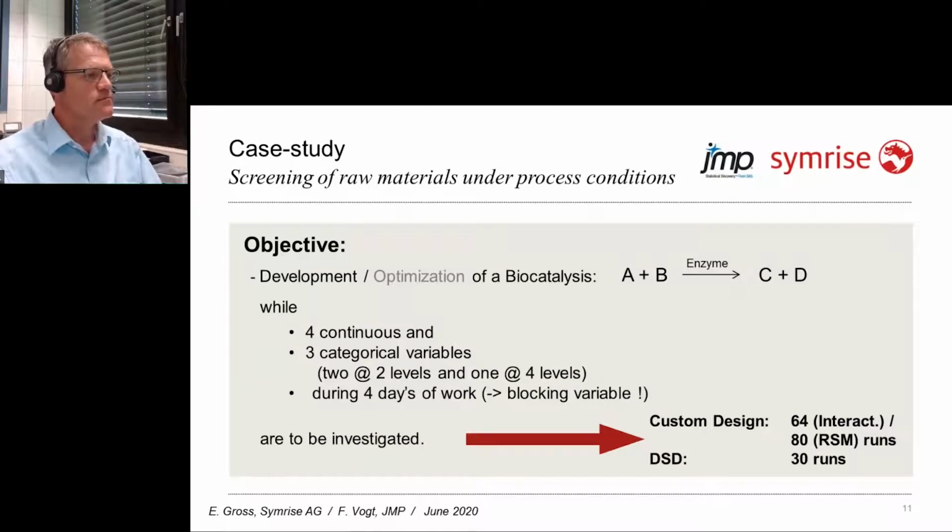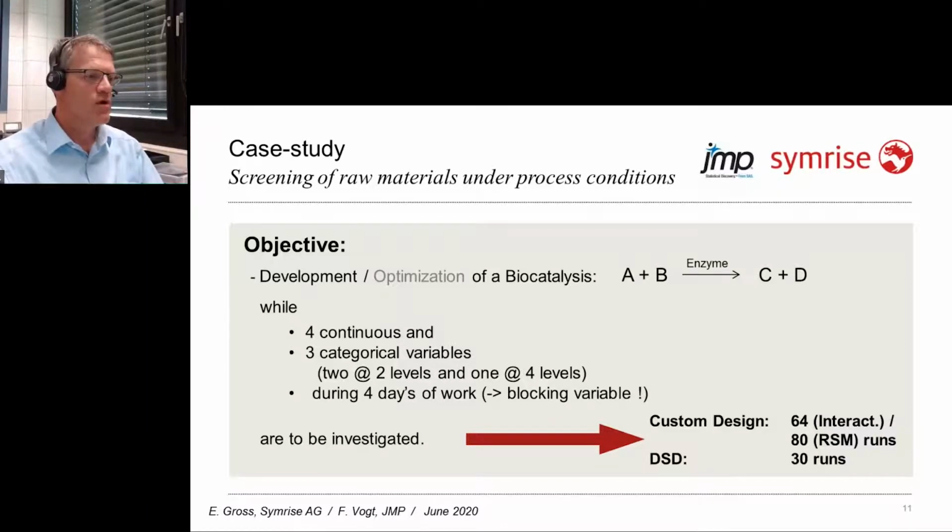In this case, we are dealing with 4 continuous variables, being, for example, time, temperature, pH, concentration of whatever kind, whatever you can imagine that could be continuous. And 3 categorical variables, might be a supplier, might be a different raw material, or things like that. From these categorical variables, we have 2 at 2 levels and 1 at 4 levels.